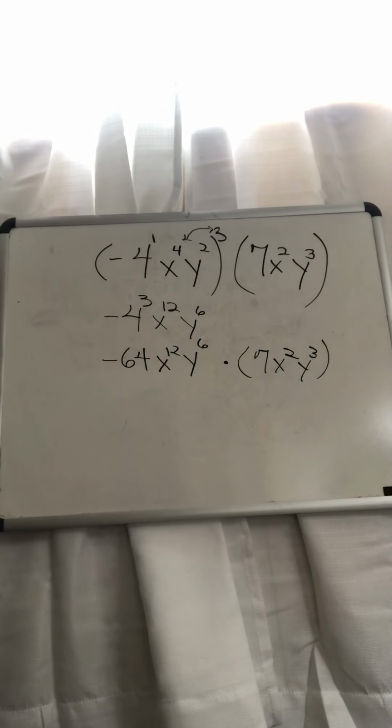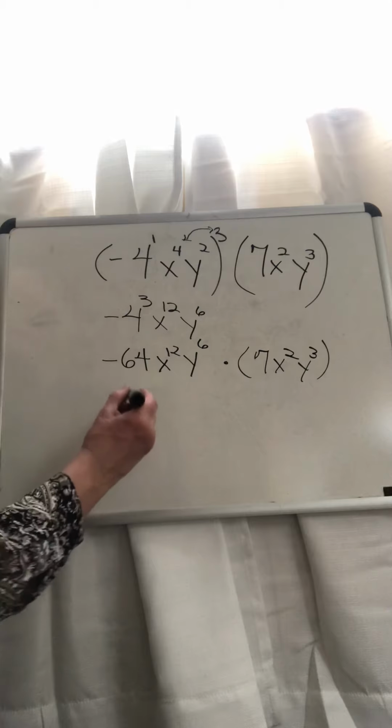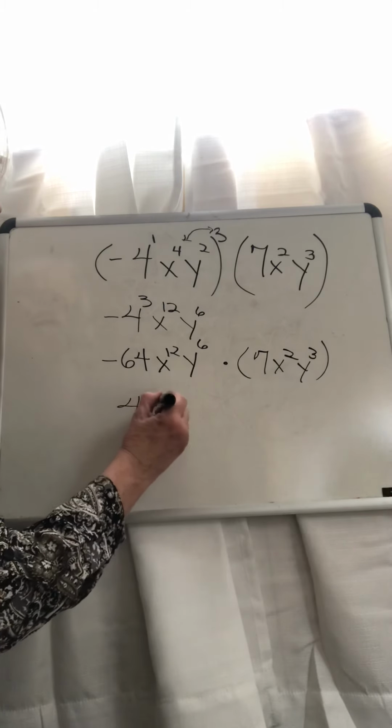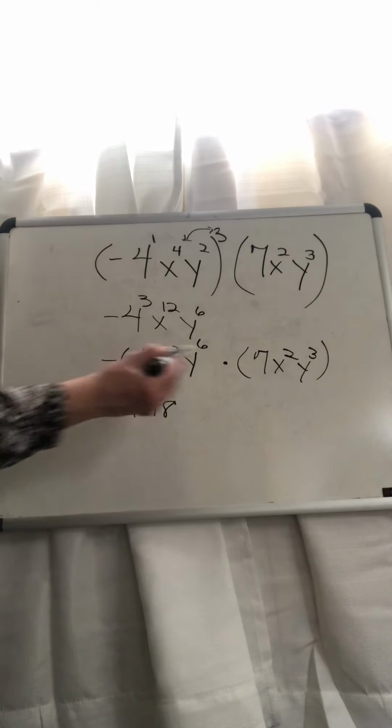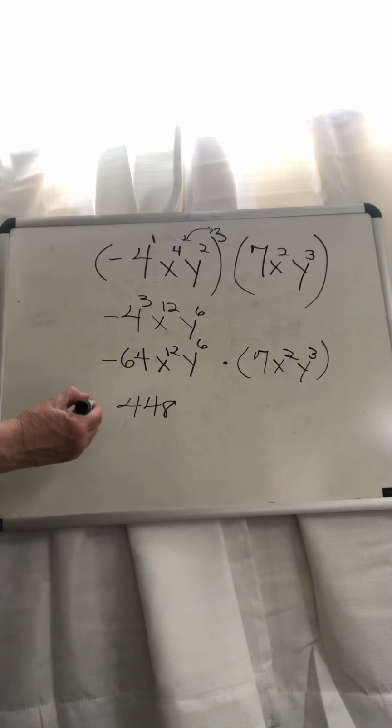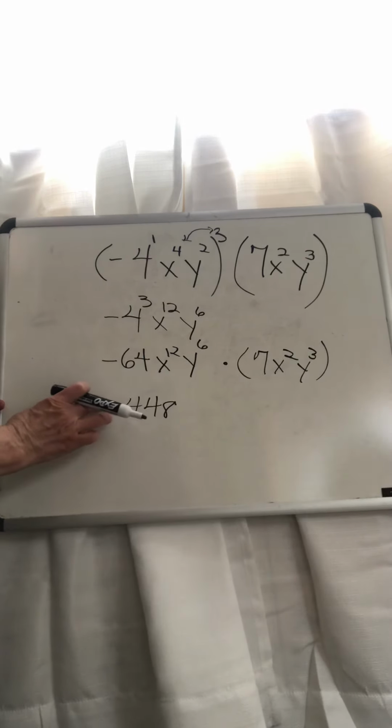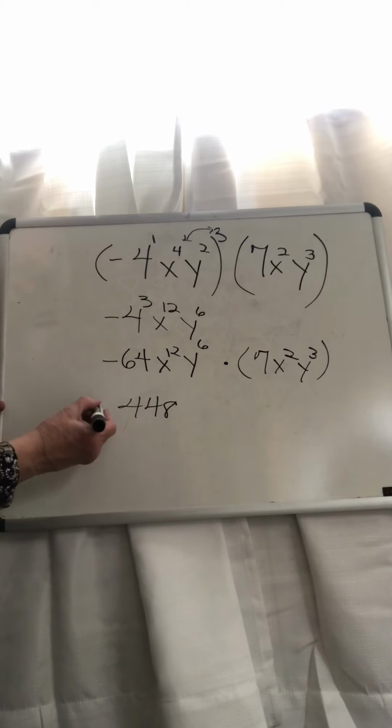So the first thing that we're going to do is multiply a negative 64 times 7. 64 times 7 is going to give me 448. Because it's a negative 64 times a positive 7, it's going to be a negative 448.